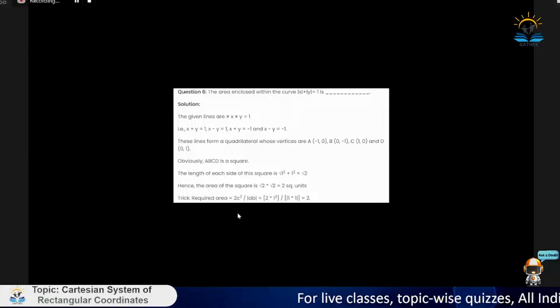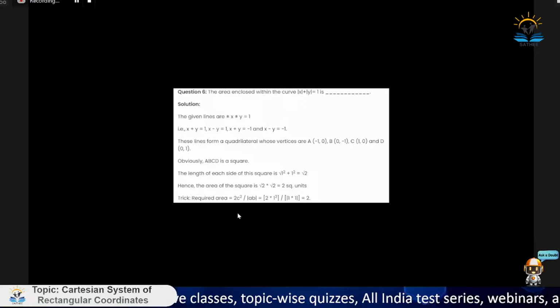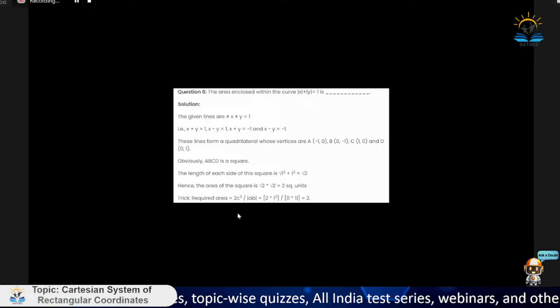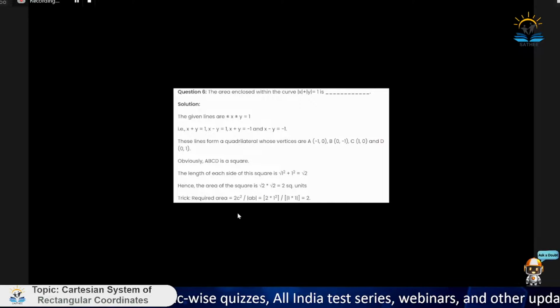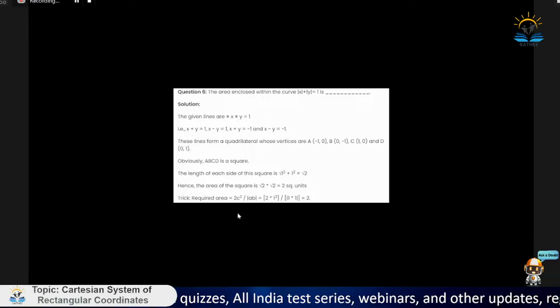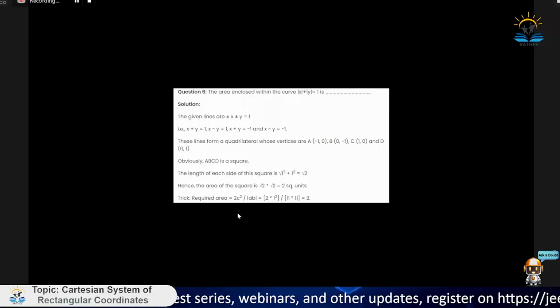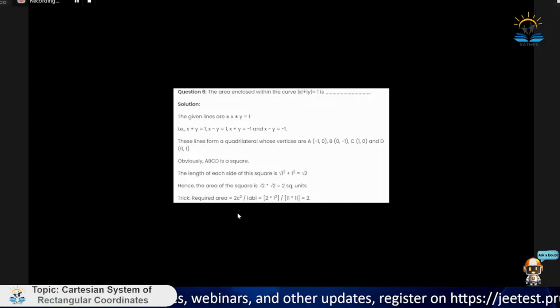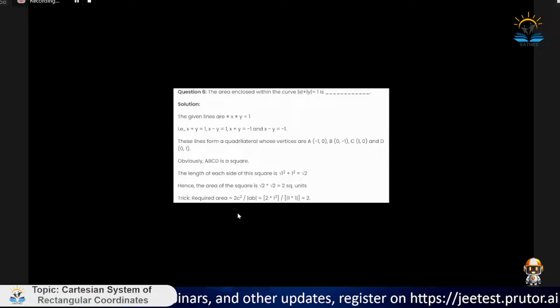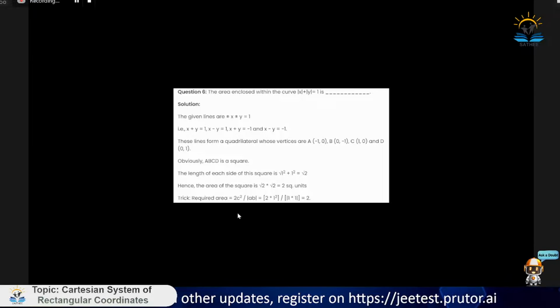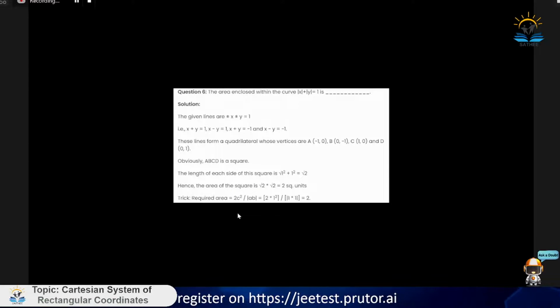So if you see the intersection points of any two of these four lines, you will get four vertices A, B, C, D. And if you see, these are obviously a square because the coefficients are equal and also these are perpendicular lines, so you'll get a square, and the length of each side, if you find the distance between AB, would be root 2. So the area of the square would be 2.